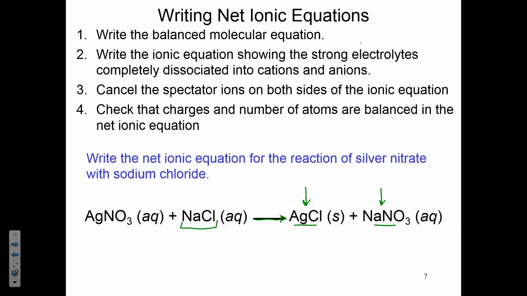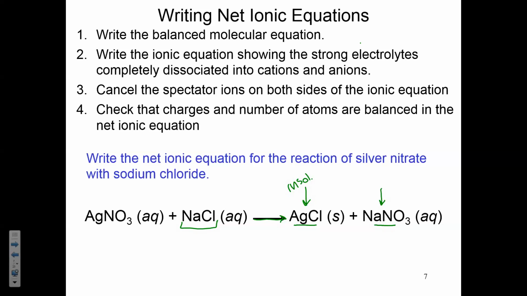We go down our solubility chart, and we find that halides, which include Cl, Br, and I, are all going to be soluble compounds, with the exception of when they're paired with silver, mercury, or lead. So we know right now this one is insoluble because it is chloride paired with silver.